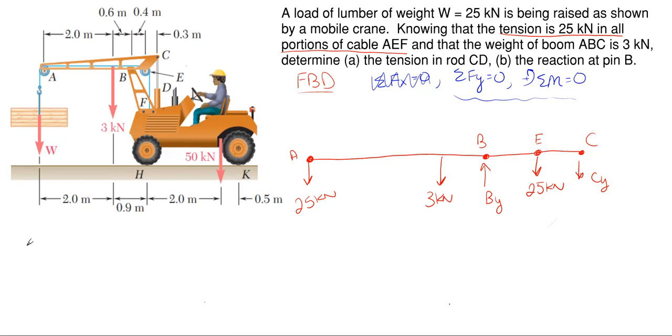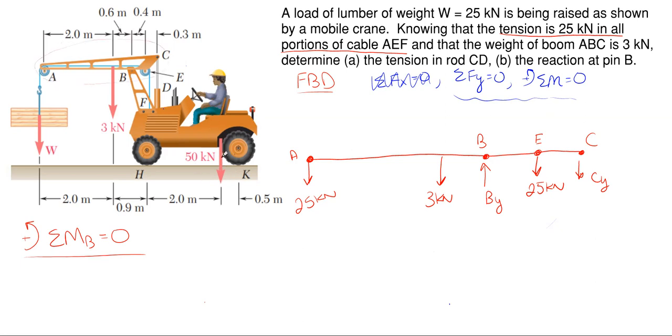So let's do that. Summing moments at point B, taking counterclockwise as positive for my equation. Let's run through our forces here. Please note that the 50 kilonewtons of force from the portion touching the ground of the vehicle does not matter, because I am only isolating this portion up here.